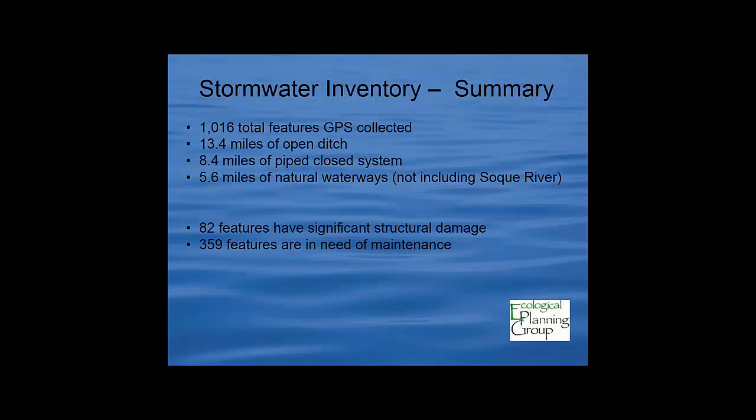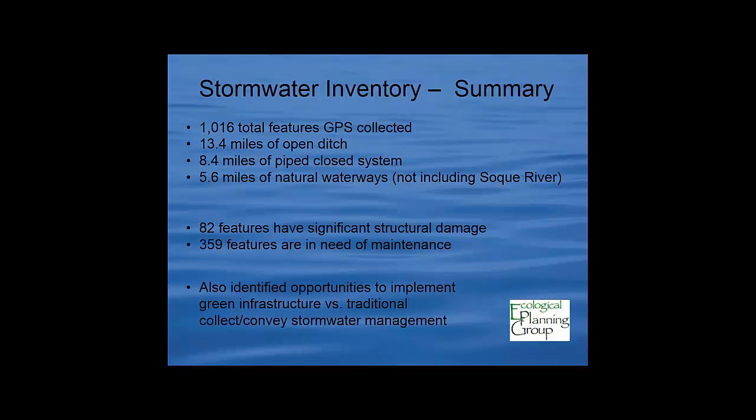And what we found out through the inventory the Ecological Planning Group did, I'd like to thank Mike Baggett for that, is that we had a lot of features that had significant structural damage or were in need of maintenance. More importantly, from my point of view, is we did also through this process begin to identify opportunities to implement green infrastructure. And that's really the point that we want to get to.